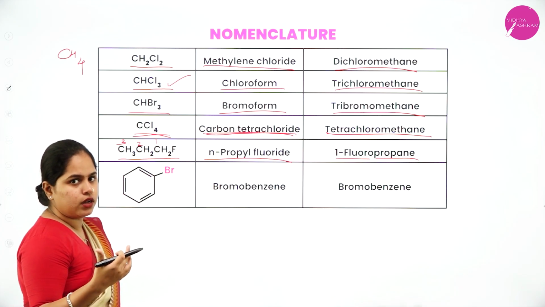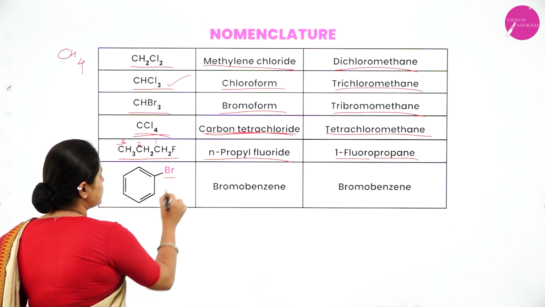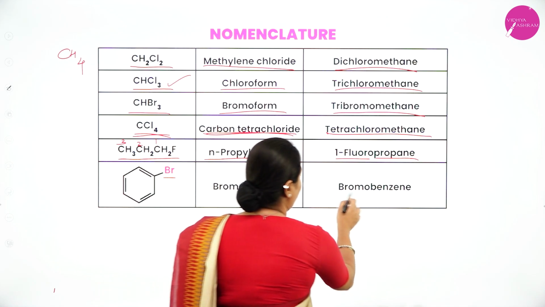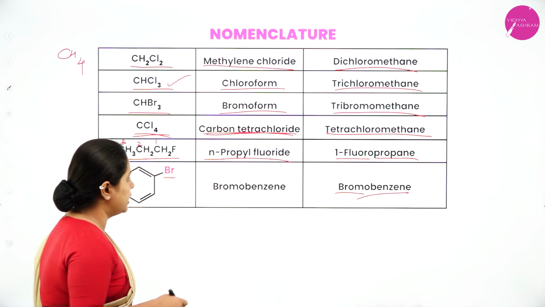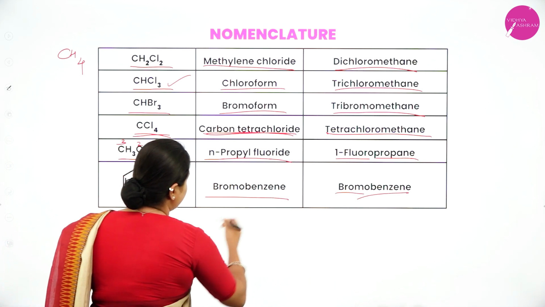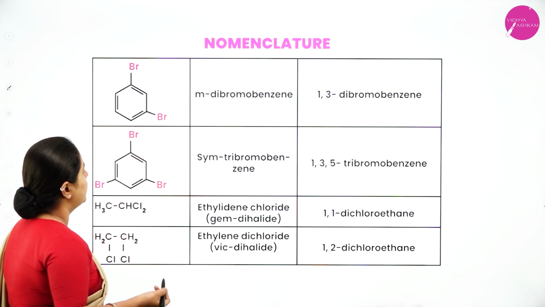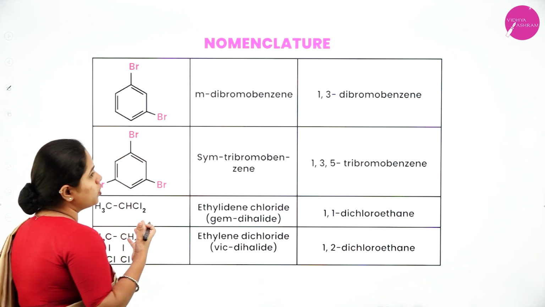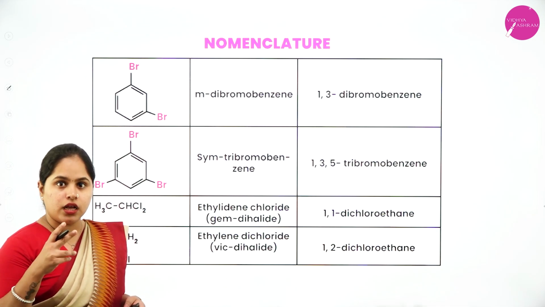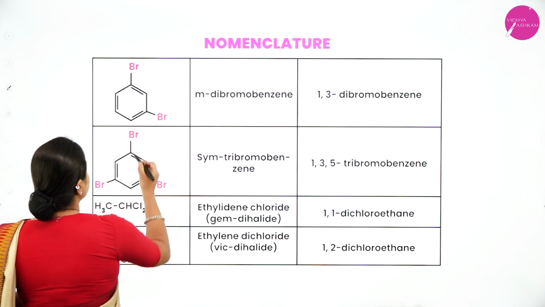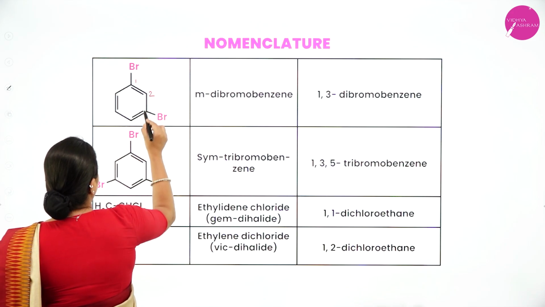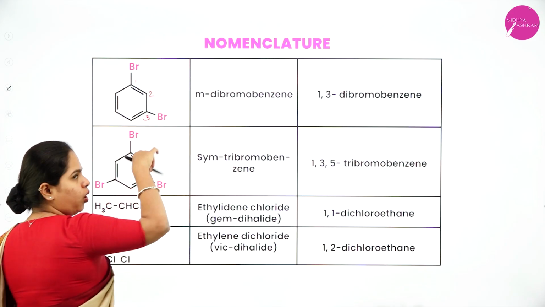Okay, now the next one is simple. On the benzene, you have a bromine atom. So the IUPAC name will be bromobenzene, right? And the common name will also be bromobenzene. The next one also has benzene, but there are two bromine atoms present. We can number it as 1, 2, 3, or else we can number it in the opposite direction also.